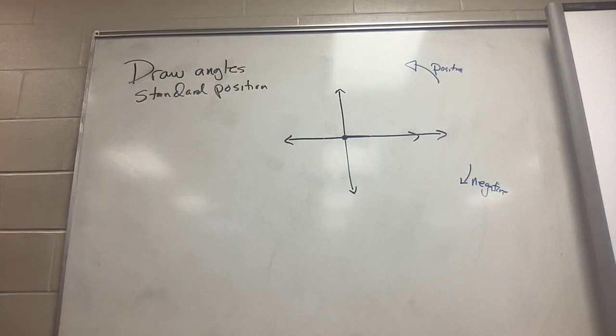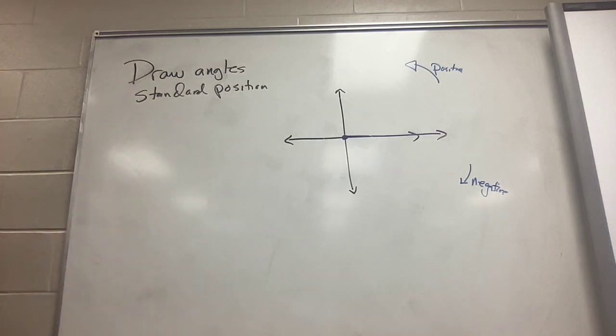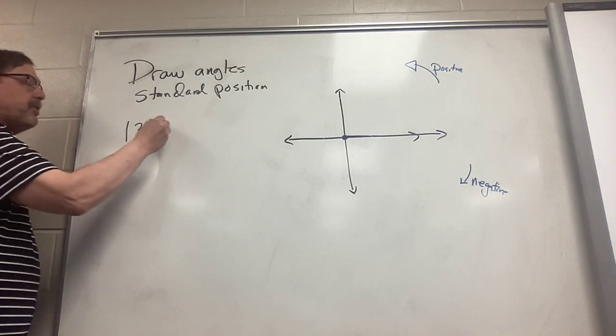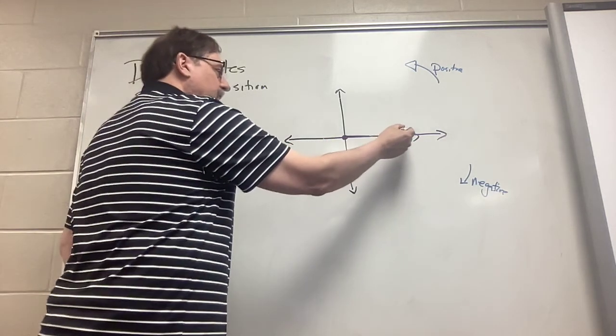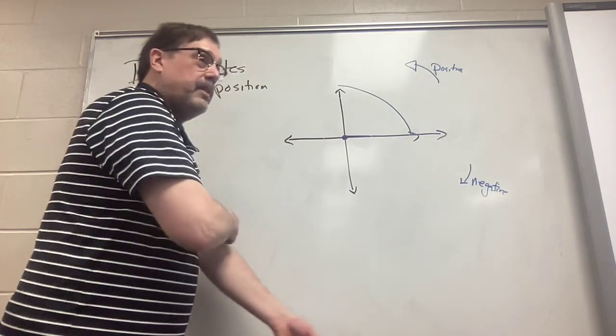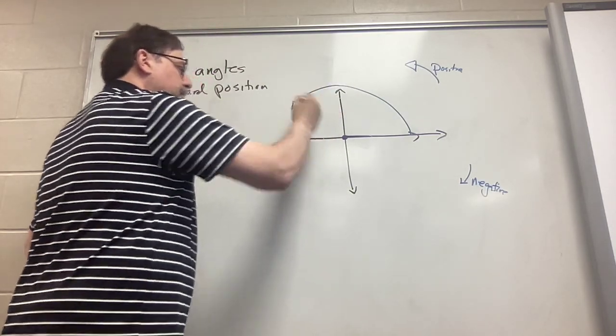So to draw an angle in standard position, you're going to draw a whole bunch of these little graphs. And if I want us to do approximately 135 degrees, we're not going exactly. Would you please start this direction and then draw, go to 90 and think, well, 135 would be about halfway more.